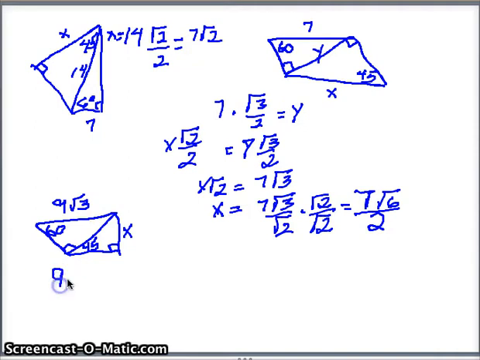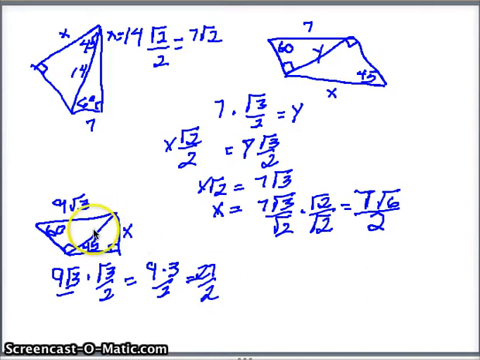So 9 times the square root of 3 times the square root of 3 over 2. So that's going to equal 9 times 3 over 2, which is going to equal 27 over 2. So that's what this leg right there is.